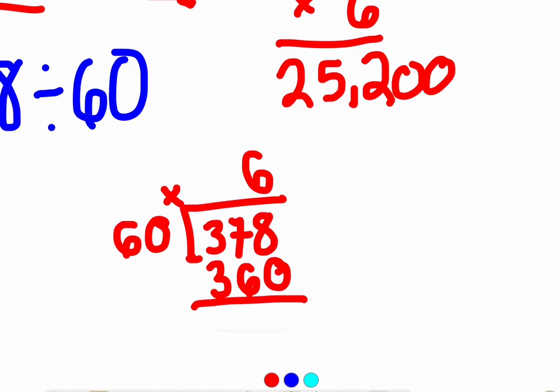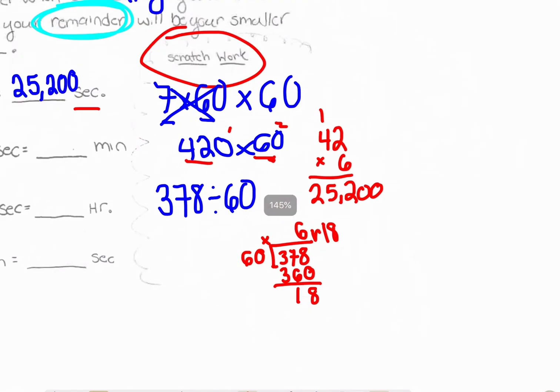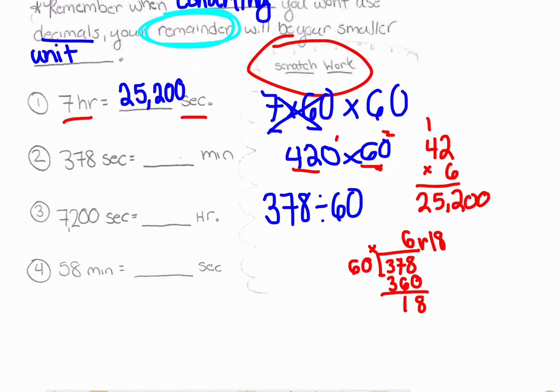I subtract, I get 18, so I have 6 with the remainder of 18. So what that's saying is that if you have 378 seconds, how many minutes is that? Well, that is actually going to be 6 minutes and 18 seconds.